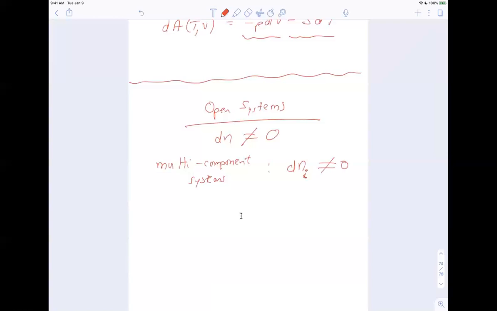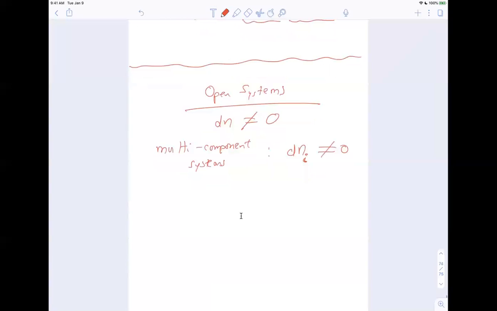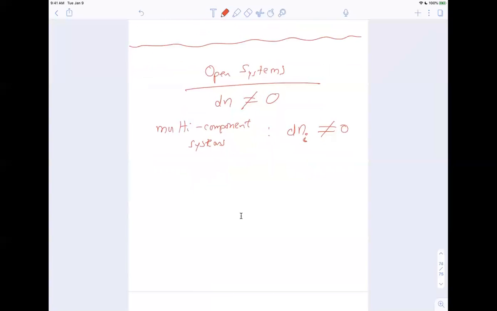So the differential change in the number of moles of species i is not necessarily zero anymore. Okay. And so the last point I want to introduce before we quit is this thing called the chemical potential. And now we're really getting into the fancy stuff, right? Upper level course. This is really fancy, right? Chemical potential.